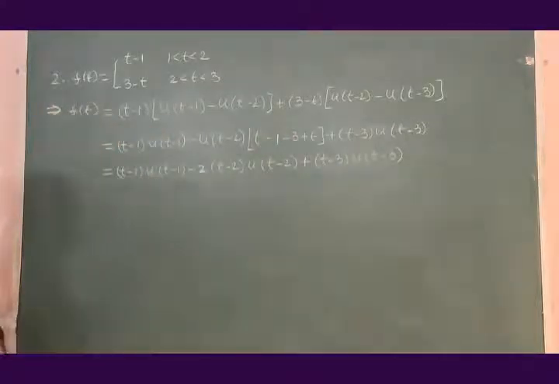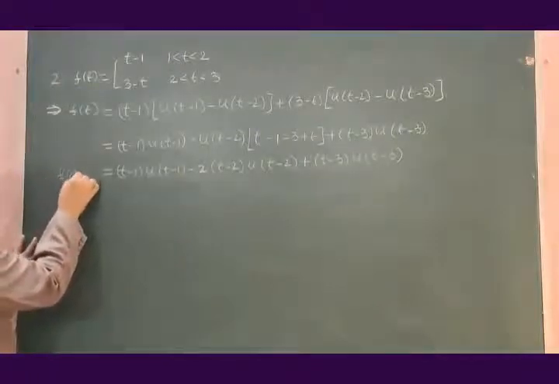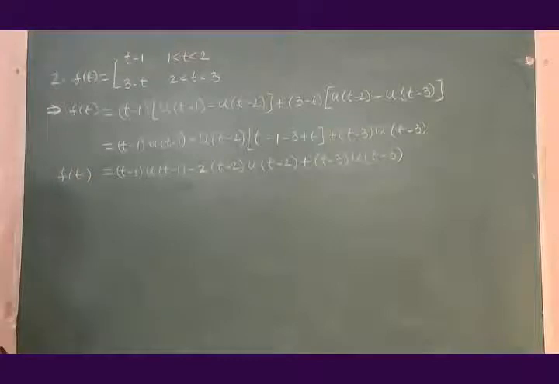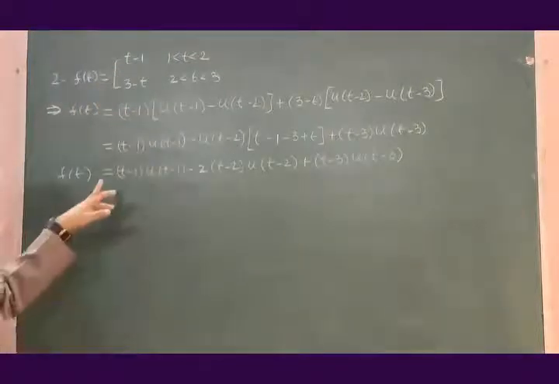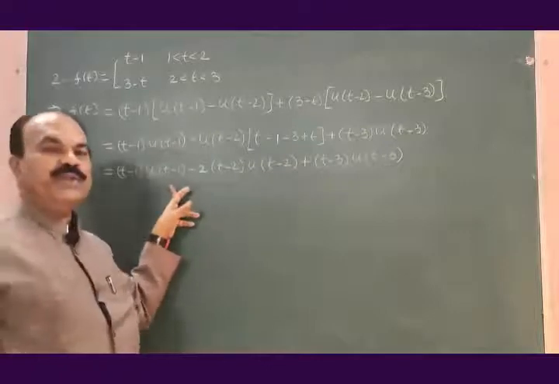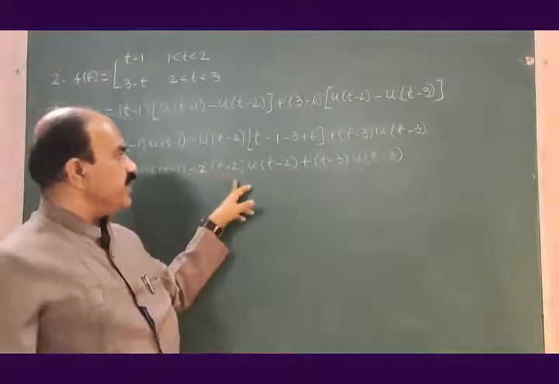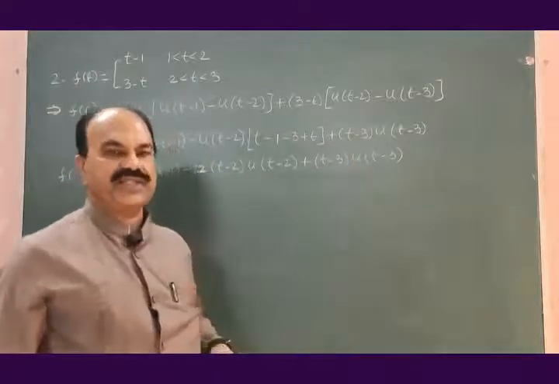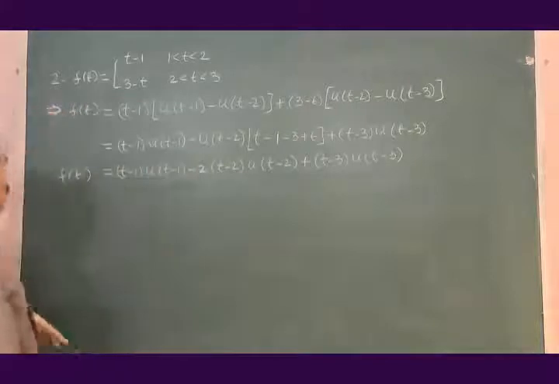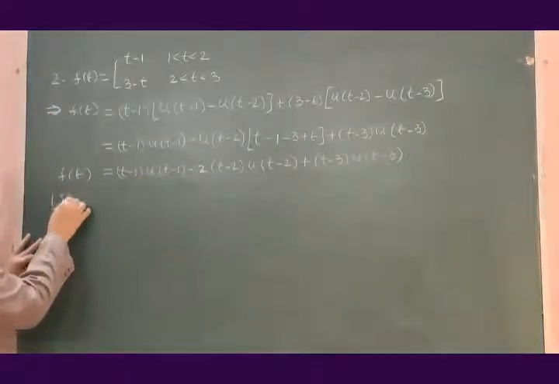And now the Laplace transform. What is the function f of t now? This function is this function: t minus 1 into u of t minus 1 minus 2 into t minus 2 u of t minus 2 plus t minus 3 u of t minus 3. Now, the Laplace transform of this function.